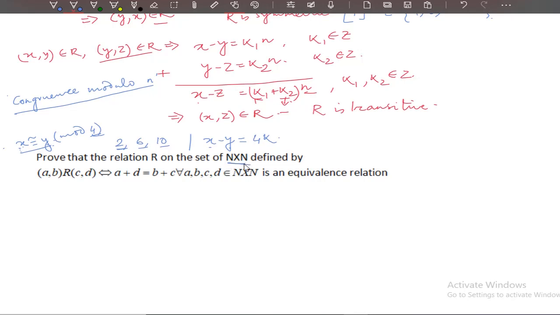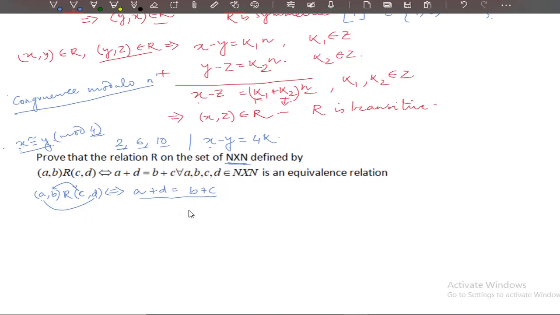The relation is defined on N cross N. How will a typical element of N cross N look? That will be an ordered pair. Now (a,b) is related to (c,d) by definition if and only if a plus d is equal to b plus c. Let me tell something: the sum of the extremes a and d is equal to the sum of the means.